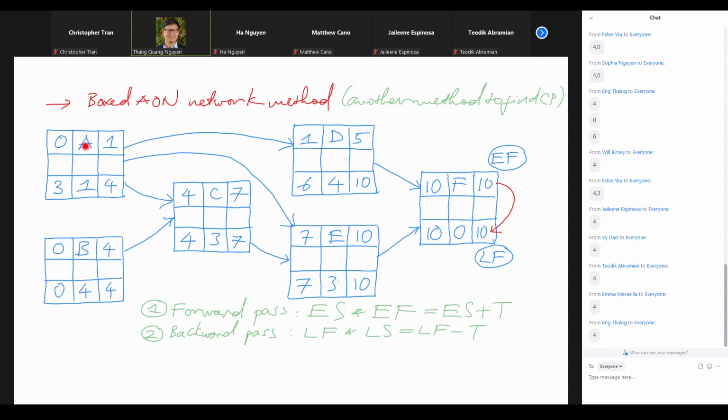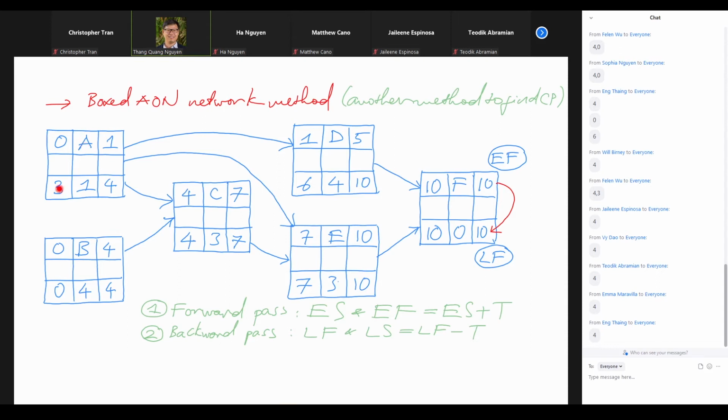So A can be delayed by 1 week without affecting the project schedule, or by 2 weeks without impacting the schedule. A can be delayed by 3 weeks, right? But A cannot be delayed by 4 weeks, because if we delay A by 4 weeks or 5 weeks or more, then we're going to delay the project by another week, by another week, by another week, right?